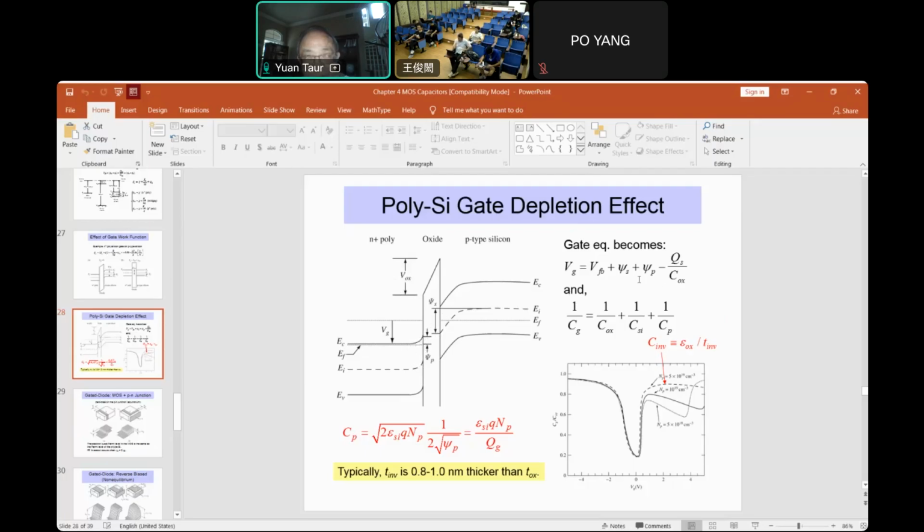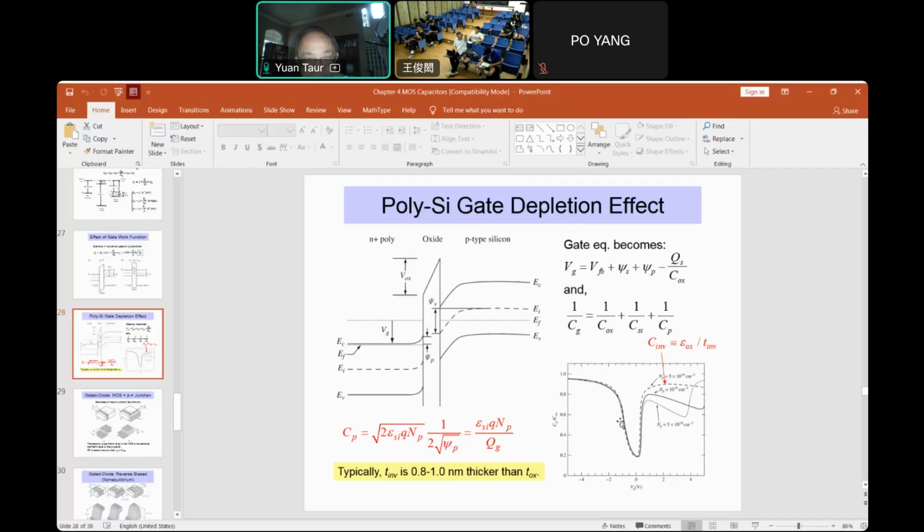Once you have a depletion effect, the gate voltage will have an additional term due to this band bending psi p in the polysilicon, and also there's another capacitance term. Before, it was only 2 capacitors, C-ox and C-silicon. Now you have C-ox, C-silicon, and C-poly. This will reduce the inversion charge density, and therefore reduce the current.